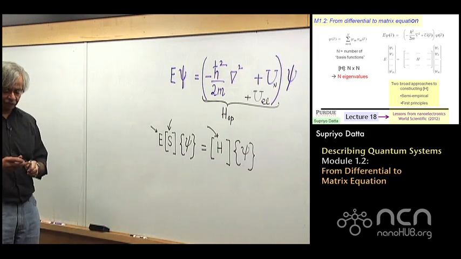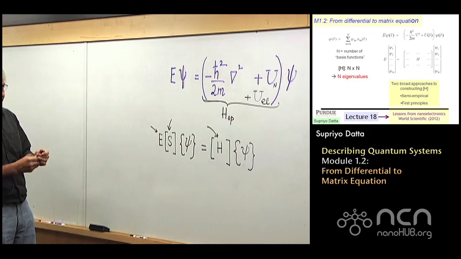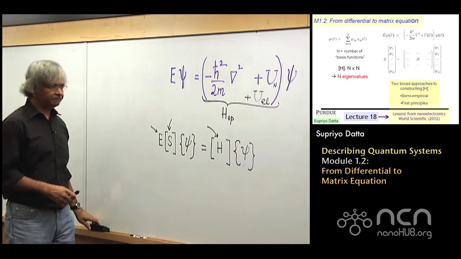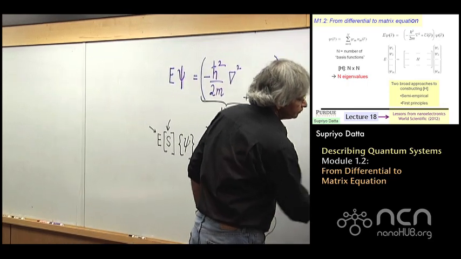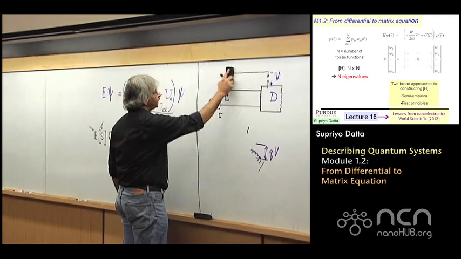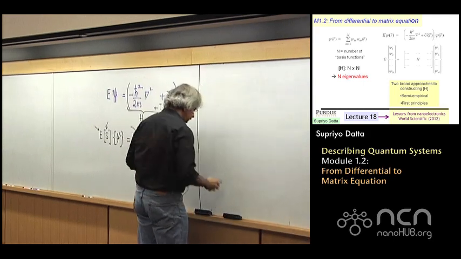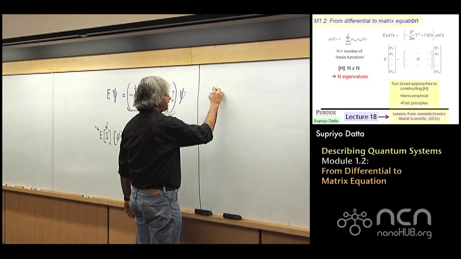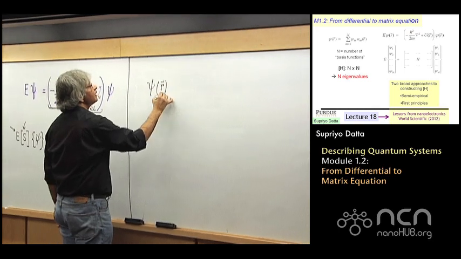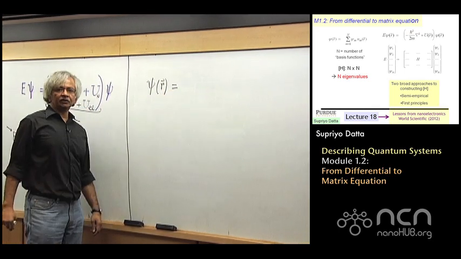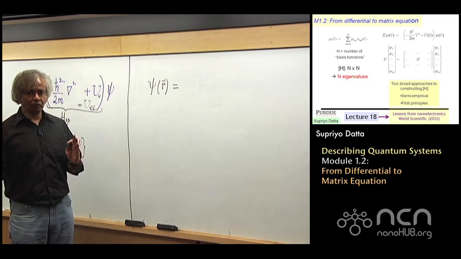And let me just write it down, although this is not what we'll be using, but just so you have an idea of how this is done, let me explain. The way you could do it is, you take this psi that you are trying to find and write it as a linear combination of some functions that you know.